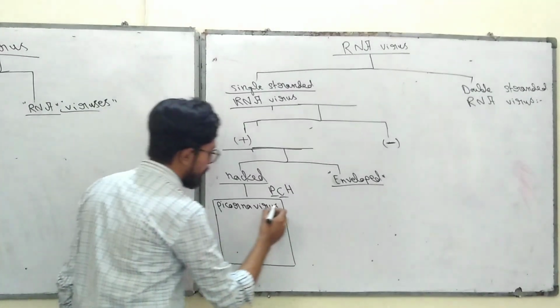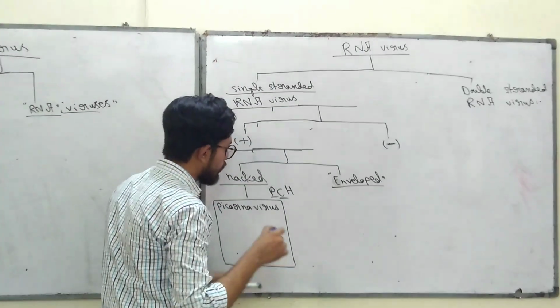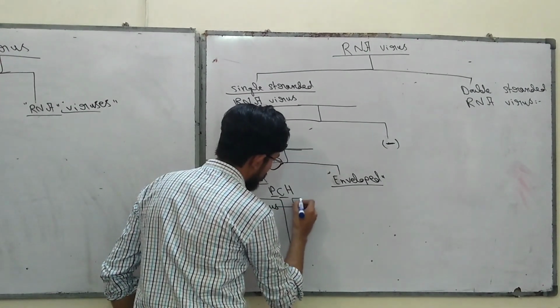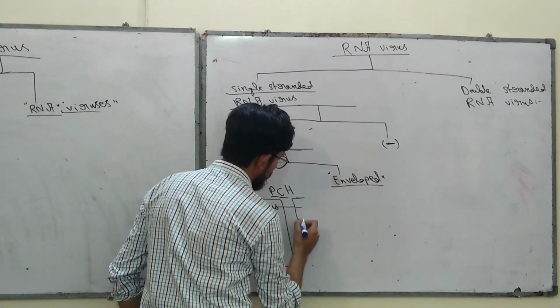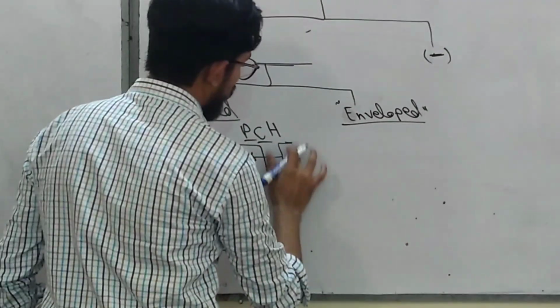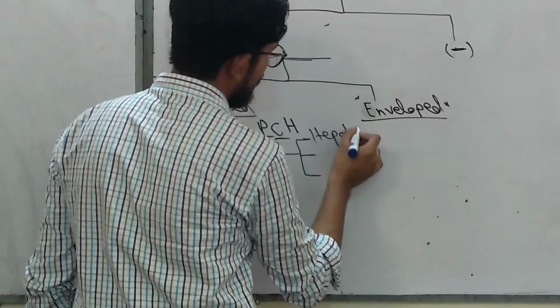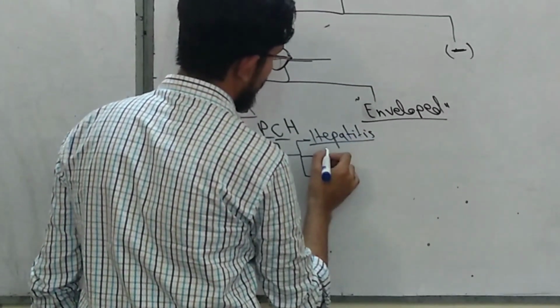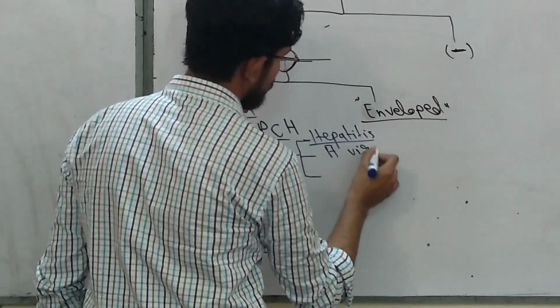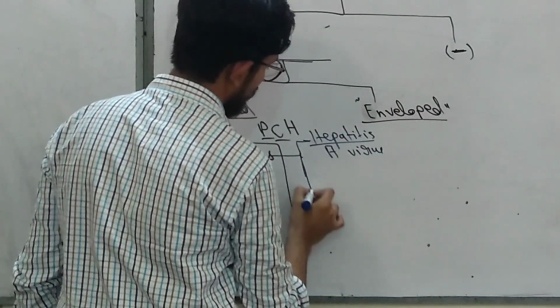So picornavirus is divided into three categories. First of all, hepatitis A virus, the most common causative agent of acute hepatitis.